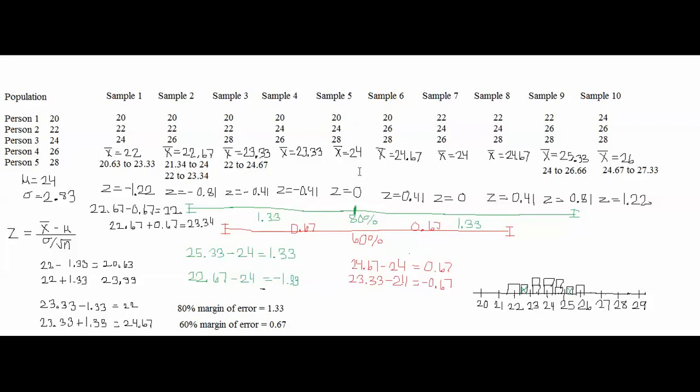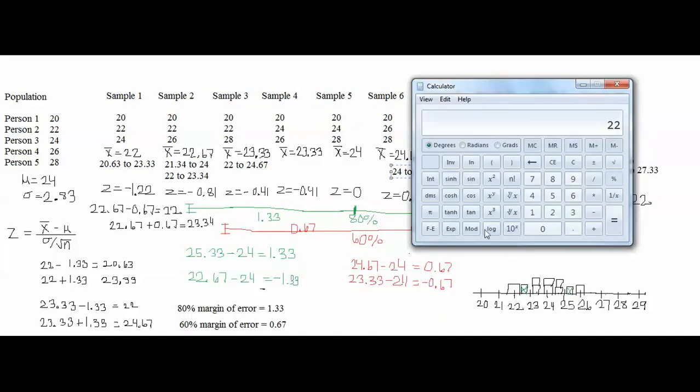Let's do it with one of the samples inside the middle 60%, maybe sample 6. If we add and subtract 0.67 to 24.67, we get, well, 24.67 minus 0.67 is 24. 24.67 plus 0.67 is 25.34.